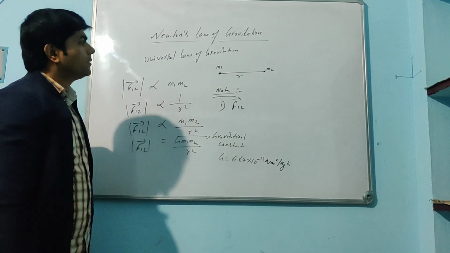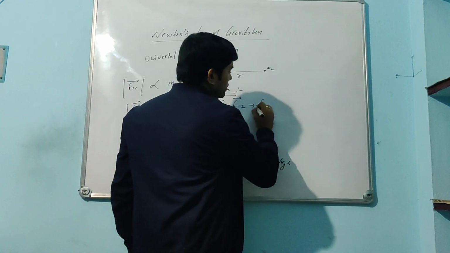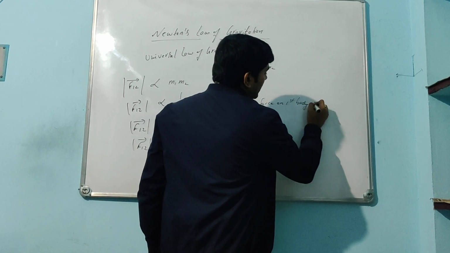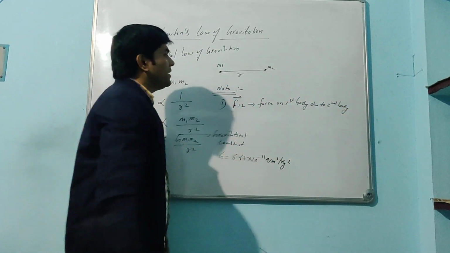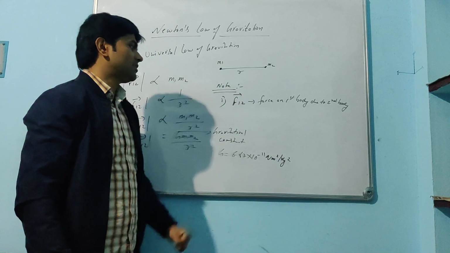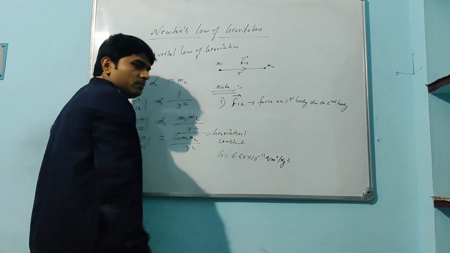What does F12 mean? F12 means force on the first body due to the second body, meaning the second body is attracting this mass towards itself. So the direction of F12 will be in this direction.